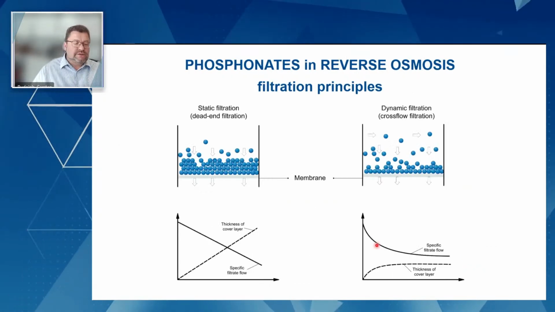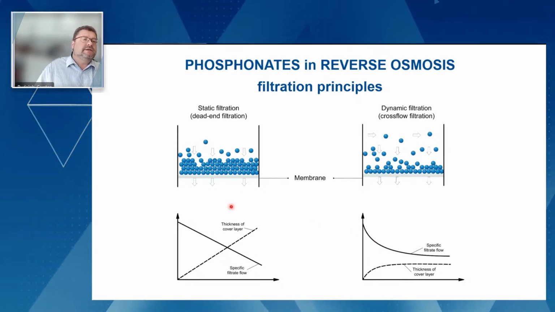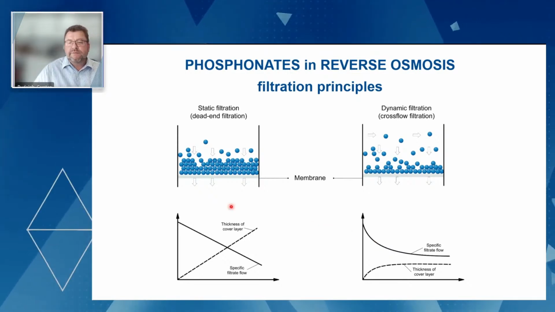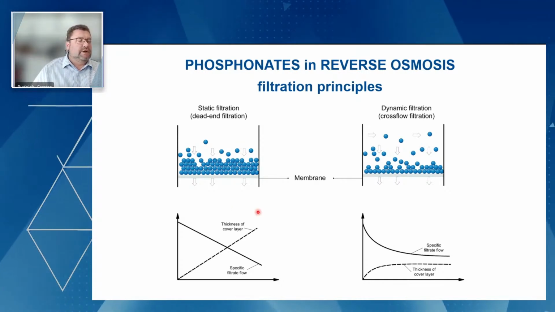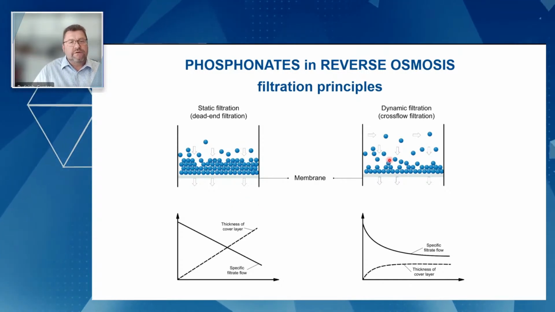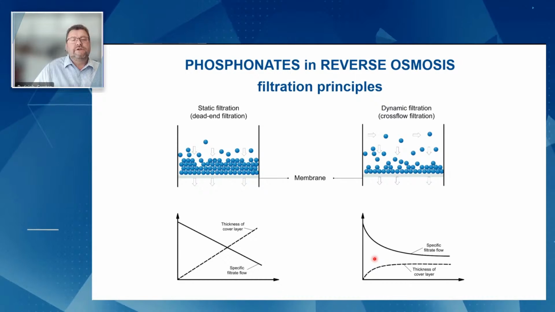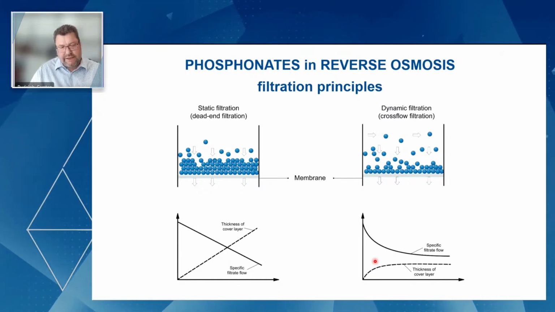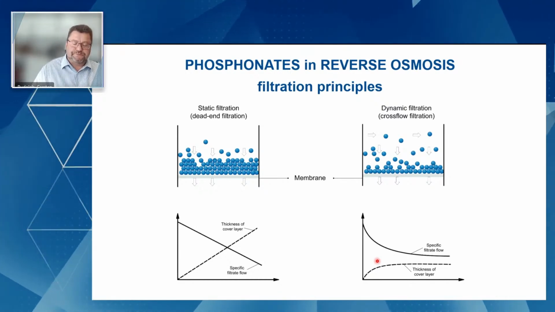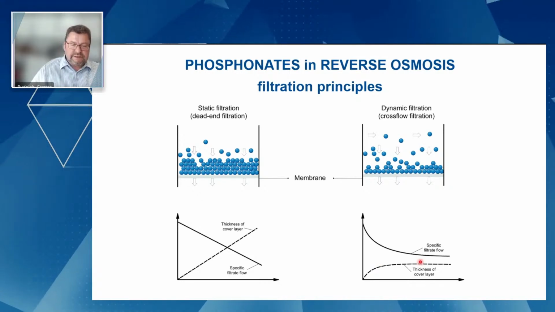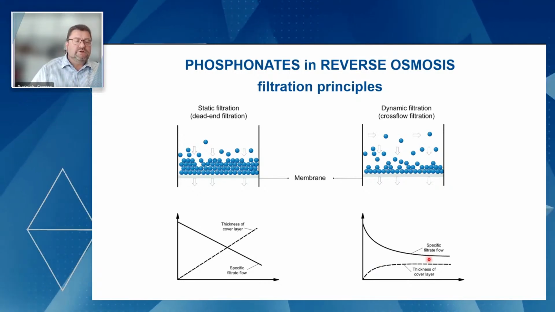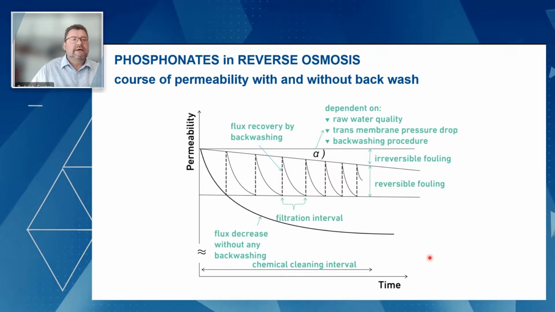So this shows a little bit more detailed how this filtration applies. We have here the static filtration, and we have dynamic filtration, where we have a constant layer of the concentration. So these are only two processes.